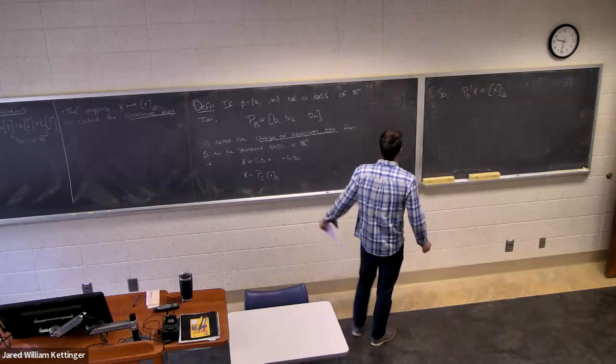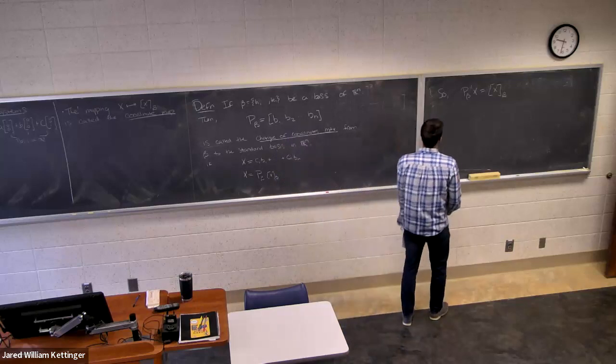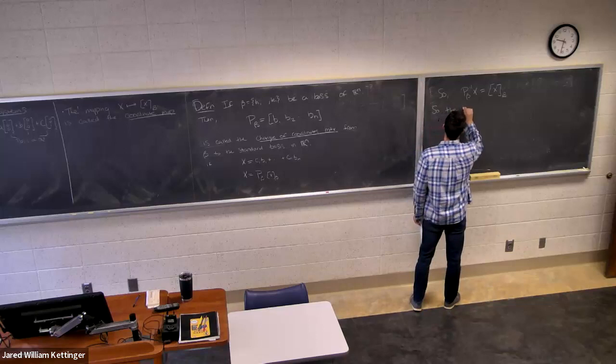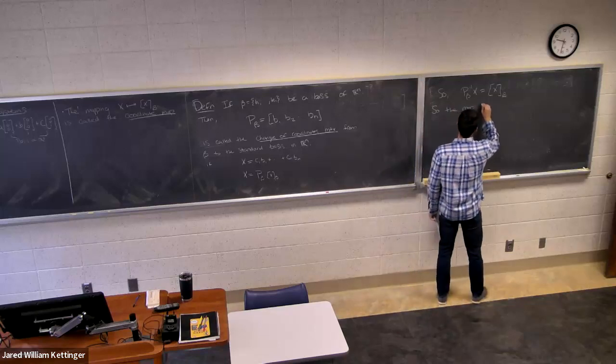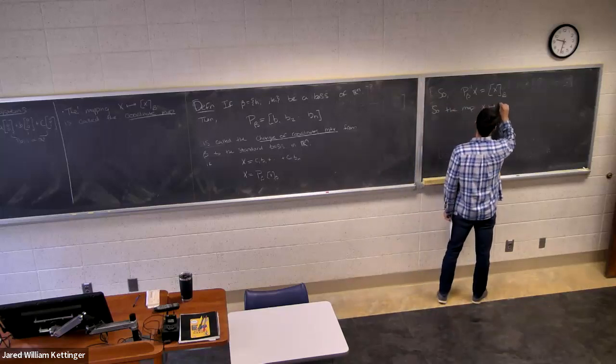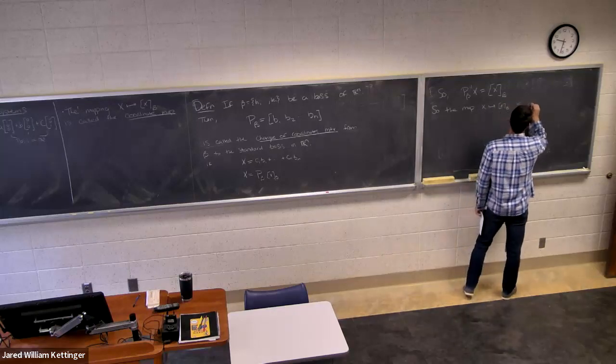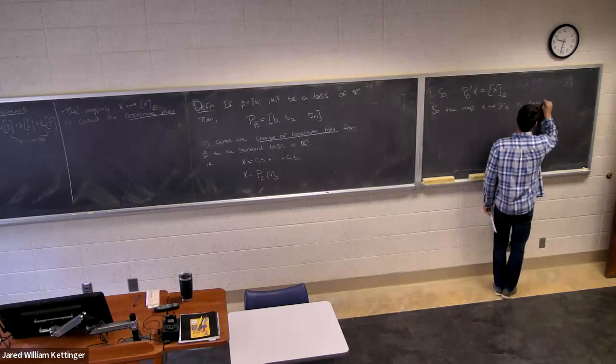So that map that I referred to over there, which takes x to its coordinates, is determined by left multiplication by this matrix.